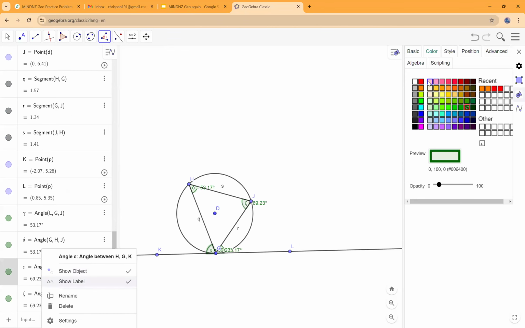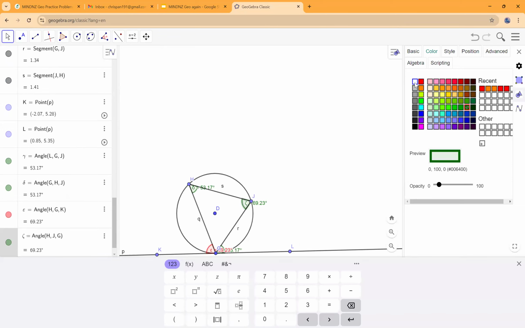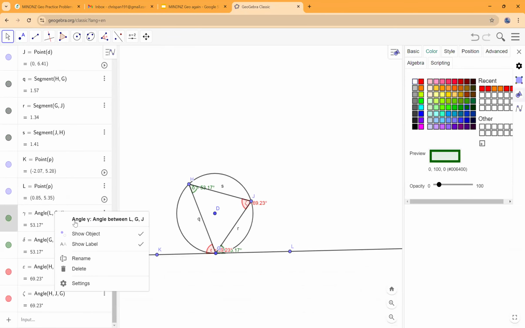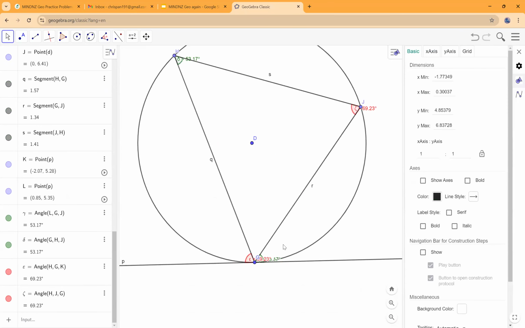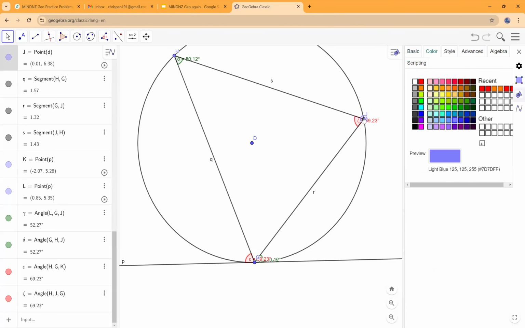And again, I'll just quickly make these different colors. So it's kind of the angle that's adjacent to this side of the triangle is equal to the angle opposite the side of the triangle, right? This one equals this one equals this one.